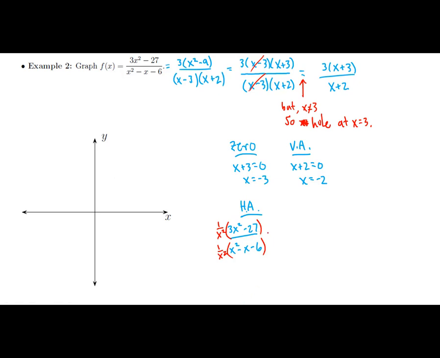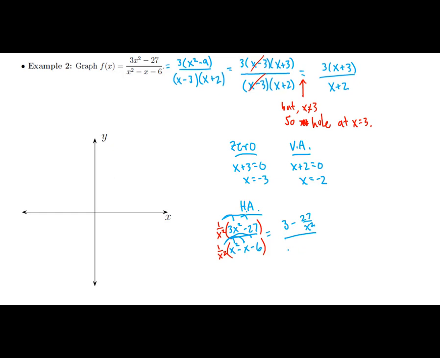Now in the last example I showed a lot of detail work when it comes to simplifying this. I'm going to show a little less here, but just remember we're distributing through both top and bottom. So in the first term on top, 3x squared divided by x squared is just 3. 1 over x squared times negative 27 is negative 27 over x squared.